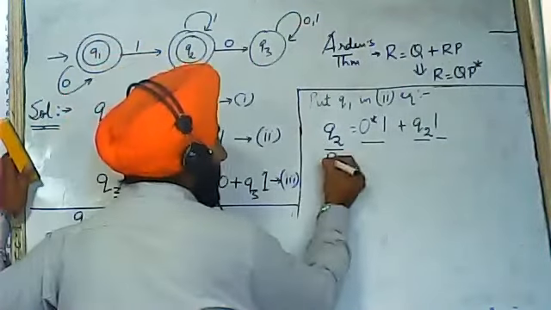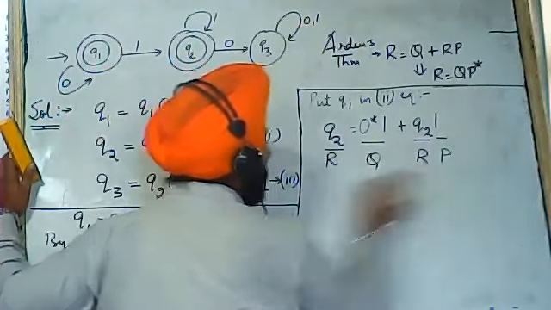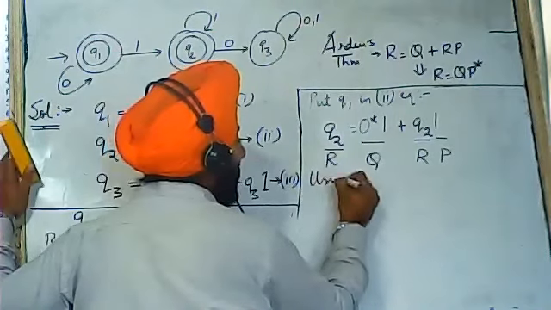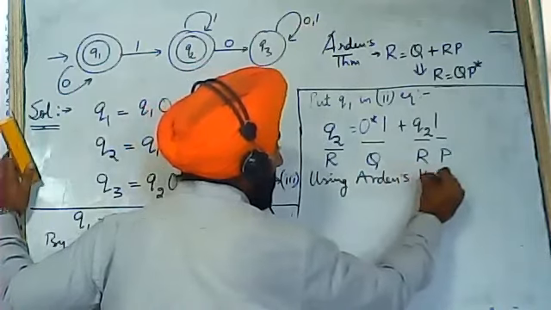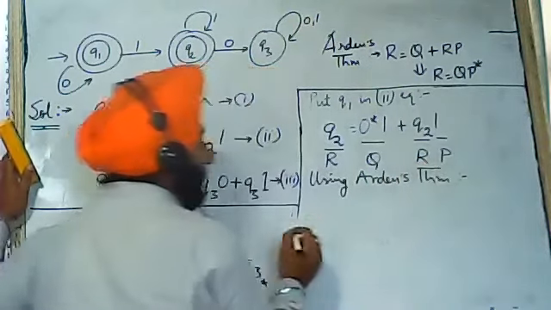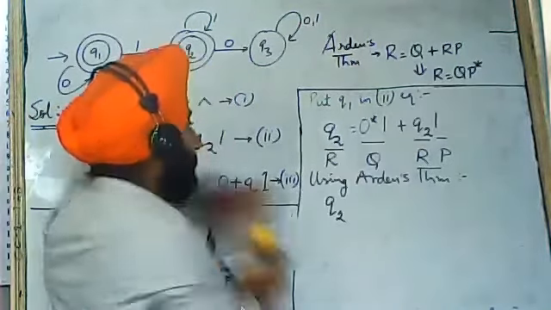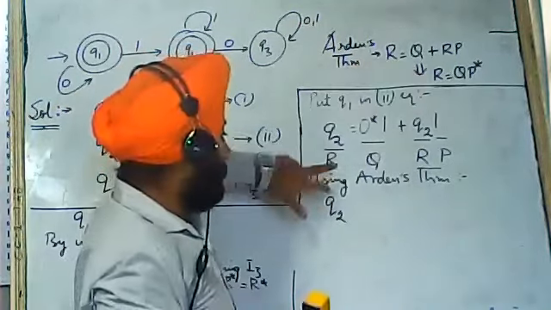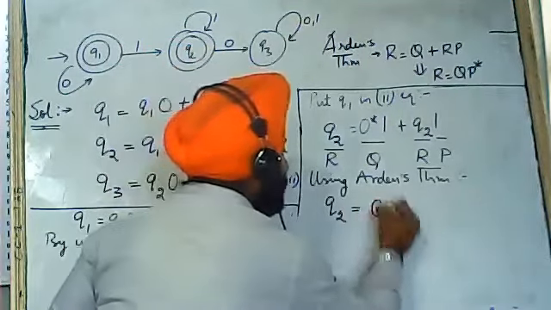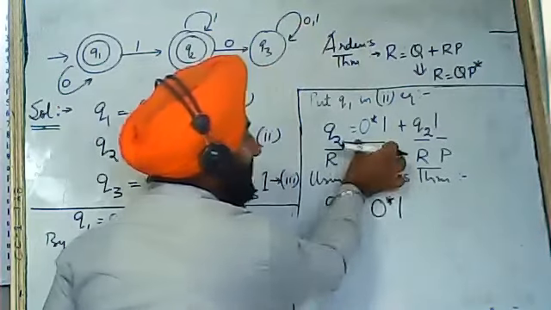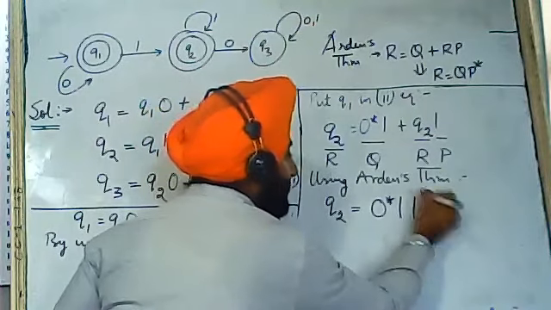This is your R, this thing is Q, R and P. So again using Arden's theorem, what you will get is Q2, which is equal to R. This is your R. Then you have Q, the value of Q is 0 star 1. Then you have P, P's value is 1 star.